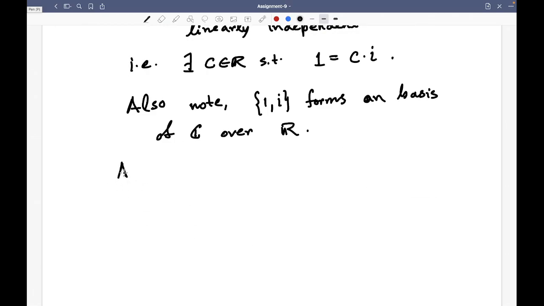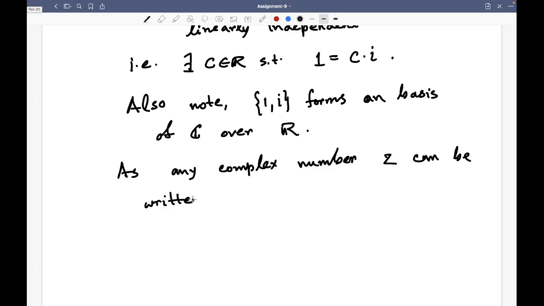As any complex number z can be written as z equals a plus ib, where a and b are real numbers. So this is a dot 1 plus b dot i.